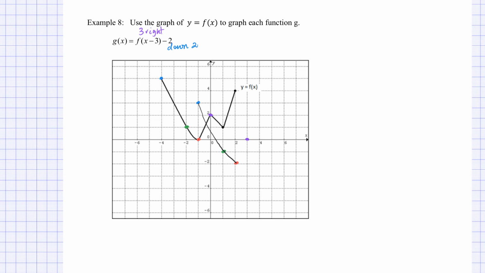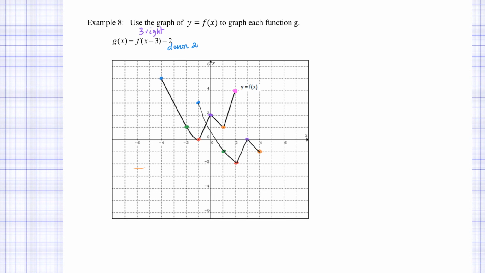This point is going to go 3 to the right and down 2. It's going to end up right there. So we can connect those. And then finally, this point is going to move 3 to the right and down 2.